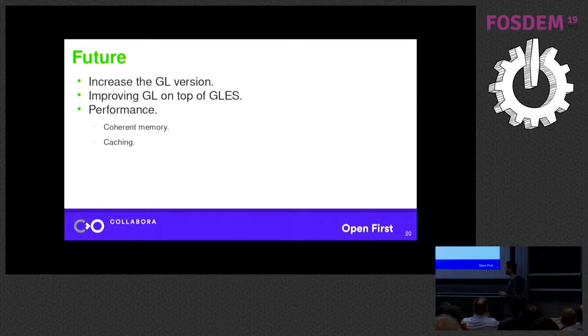We also want to run GL on top of GLES. It will be quite hard. For example, we want to run FP64 applications on top of GLES, so we need to lower the FP64 to int32 and run it on GLES. And also we want to increase the GL version, and why not one day be at GL 4.6 or something like that. It's coming, but we need to add more and more features.